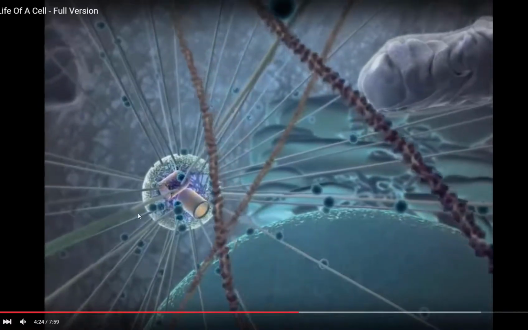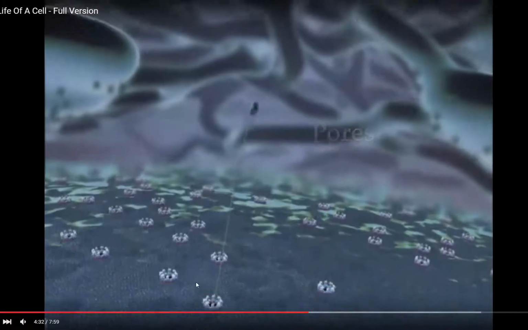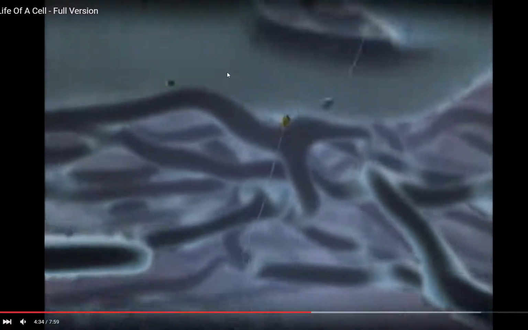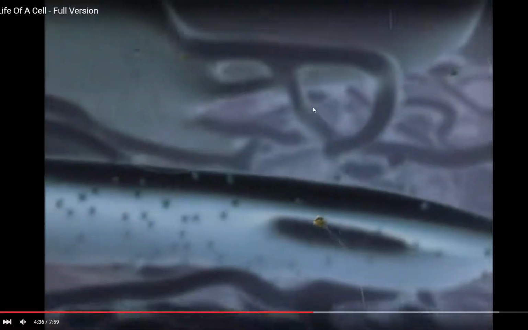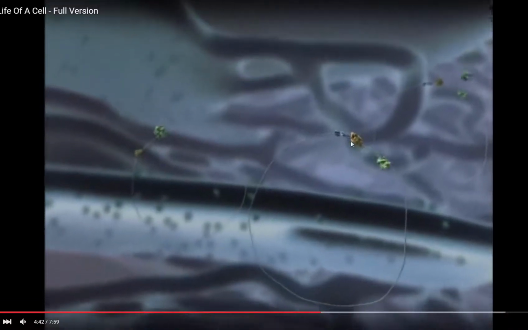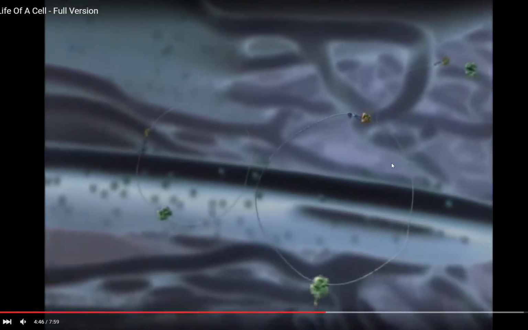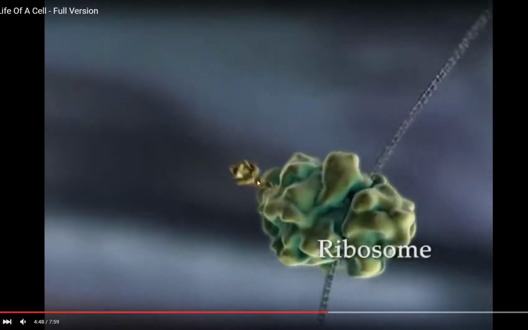Notice there are lots of mitochondria, bacterial type cells. This is the nuclear membrane, where we have RNA going out, meeting a ribosome, and then it gets read, large part, small part, and then we get this new protein coming out.